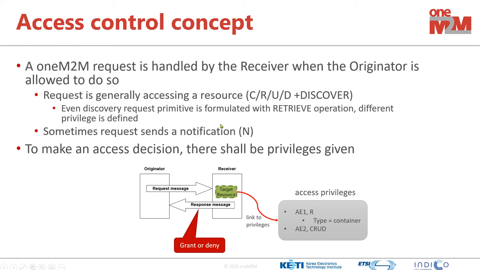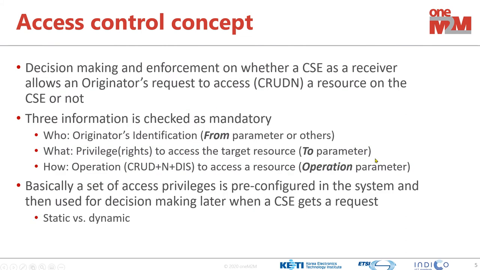We have even defined the privileges for the notify operation. So if some endpoint, or in other words a resource, has a privilege allowing specific entities to send notifications, then we can say so. The decision making is done by the CSE as the receiver, and the originator sends a request, which would be CRUD, discovery, or notify.